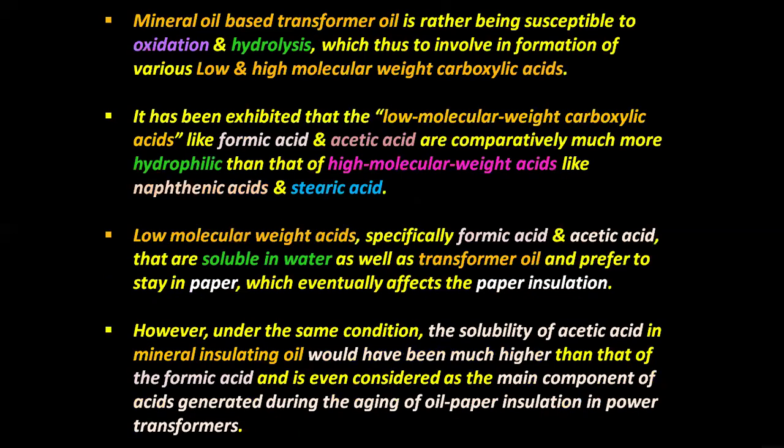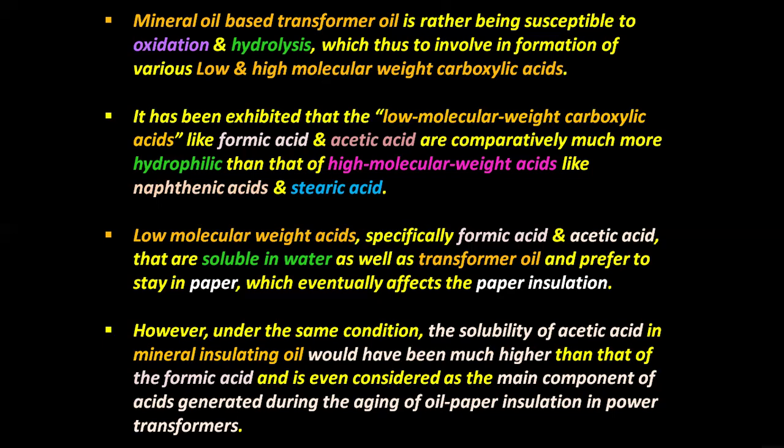Mineral oil based transformer oil is susceptible to oxidation and hydrolysis, which involves the formation of various low and high molecular weight carboxylic acids. It has been exhibited that the low molecular weight carboxylic acids like formic acid and acetic acid are comparatively much more hydrophilic than high molecular weight acids like naphthenic acids and stearic acids.